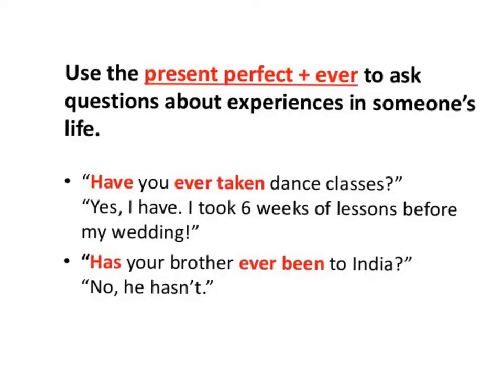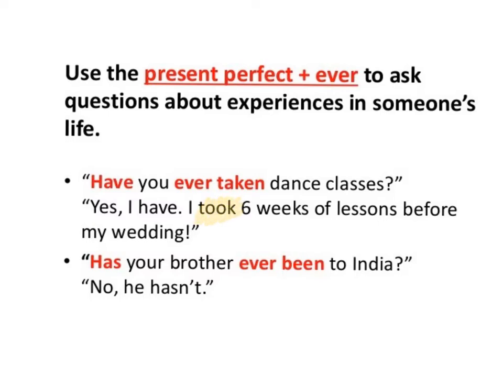We use the present perfect plus ever to ask questions about experiences in someone's life. That means in your complete life. Have you ever taken dance classes? Yes, I have. Now pay attention. When we want to give any detail about the activity, now we change to past.